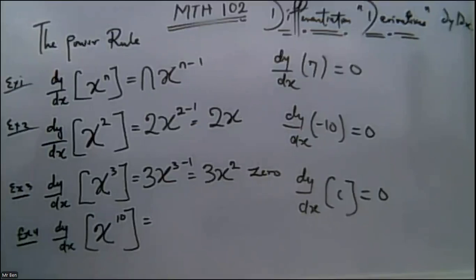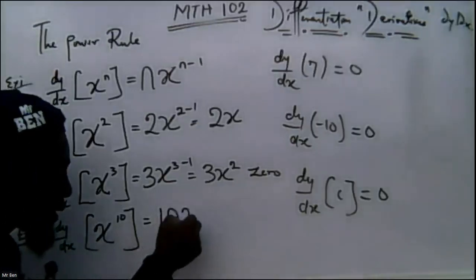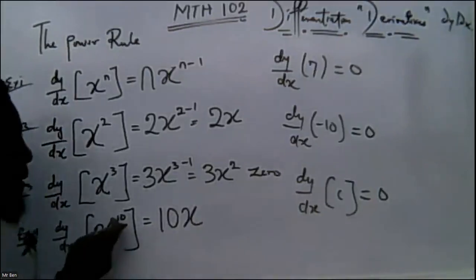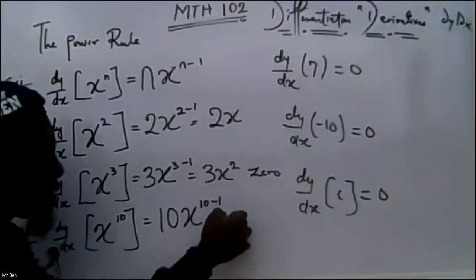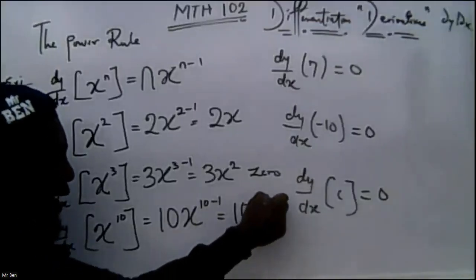We are going to multiply this 10 with x, which will give us 10x. Then we are going to subtract 1 from the exponent. That will be 10 minus 1, which will give us 10x raised to power 9.